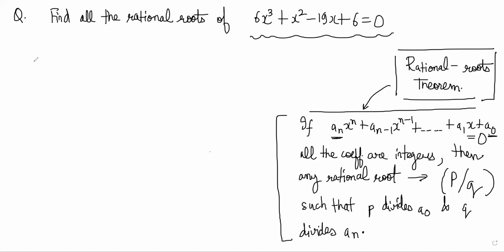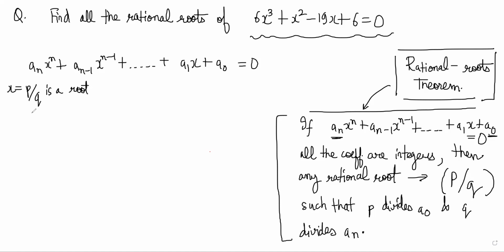It is very obvious. If you have an x^n, and let's say this is my polynomial plus a1x plus a0. Let's say this polynomial is equal to 0. Let's say x is equal to p by q is a root.